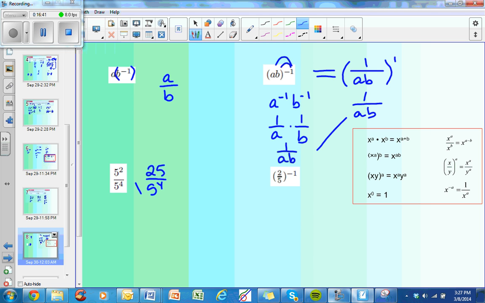And this one, let's do the way I did it up here in this problem right here. I'm going to distribute that negative first, and what's going to happen is it's going to make these change places. The 2 goes down, the 5 comes up. It's all to the power of 1, and so it is just 5 divided by 2.